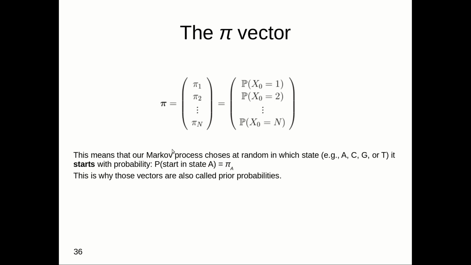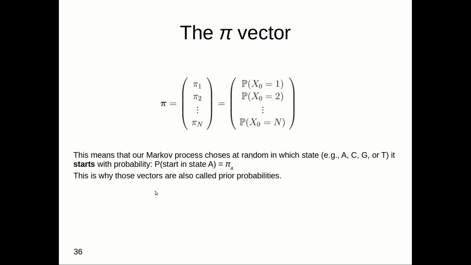So basically what this tells us is that our Markov process chooses at random in which state, for instance ACGT, it starts, under the following probability, right? So what's the probability to start in state A? Well, this is PA, right? So this is the first element of our P vector here.